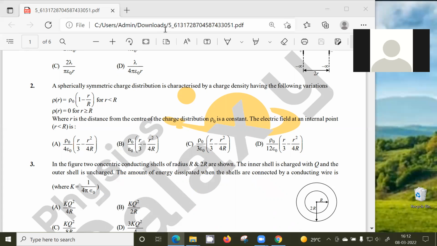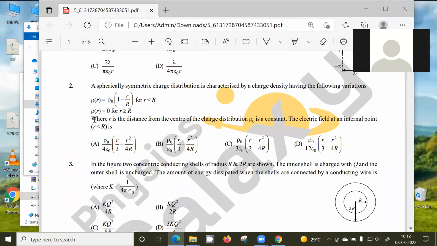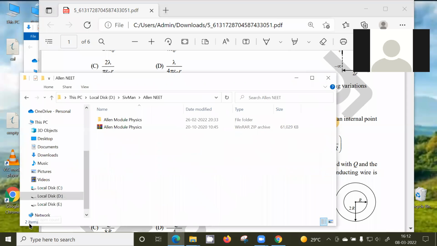Is it density or something else? Rho means charge density. Okay, charge by volume. This is standard notation, no?